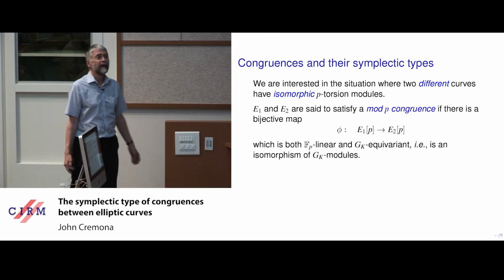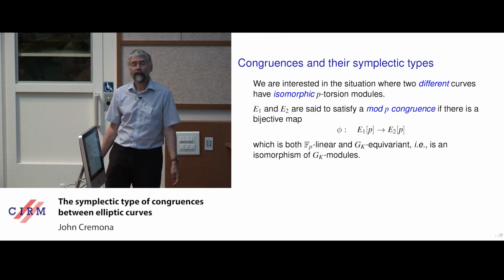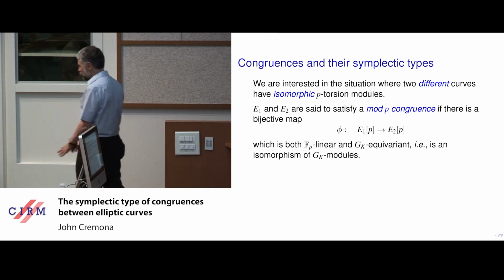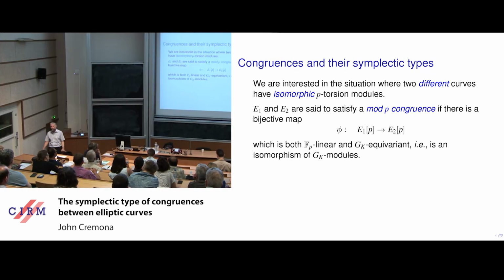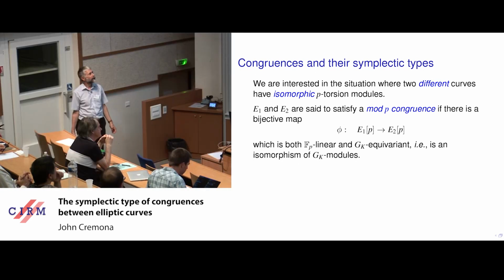So if this happens, then we say that E1 and E2 satisfy a mod p congruence. Saying a mod p congruence has nothing to do with whether the coefficients are congruent mod p or anything like that. It says that the mod p representations, or the p-torsion modules, are isomorphic as Galois modules. In other words, that you have a map from one to the other, which is not only an F_p-linear isomorphism, but it's also GK-equivariant.